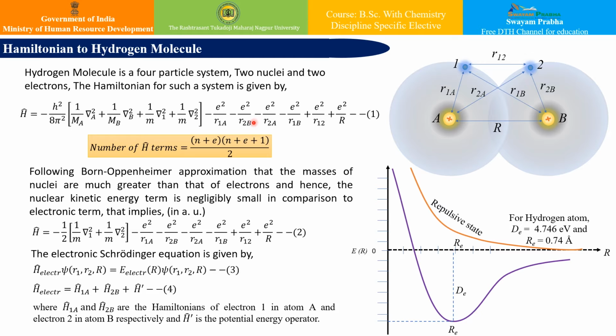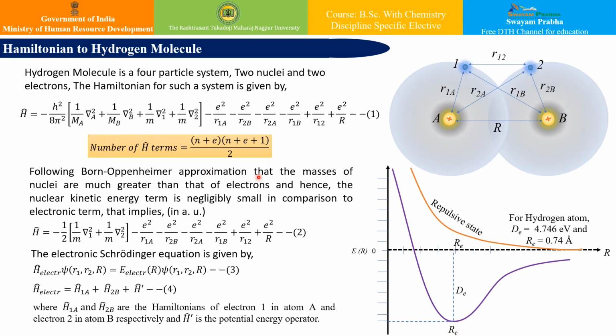Now, if one would like to simplify this Hamiltonian further, we can use the Born-Oppenheimer approximation, and it says that the masses of nuclei are much greater than those of electrons. That means they are almost around 2000 times higher, and therefore the nuclei can be treated as good as stationary in comparison to electrons, and therefore these terms can be neglected very conveniently.